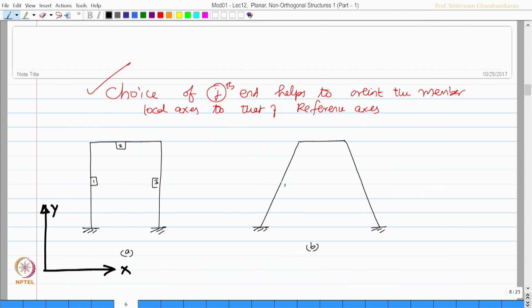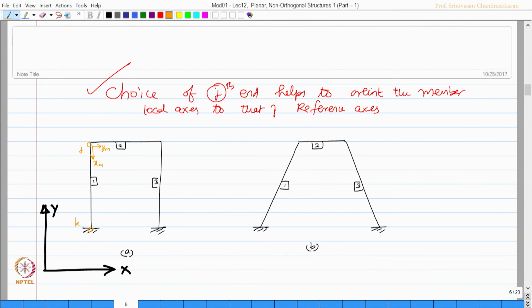Similarly, here the first member, second member and third member. Now, I want to mark the j and k ends of the first member. So, we know that I have to mark xm and ym this way, because the length of the member should be on the positive side. So, this becomes my jth end and this becomes my kth end of member 1.